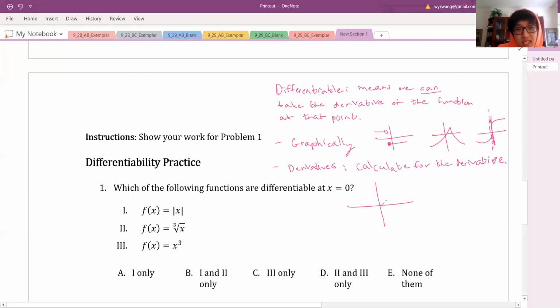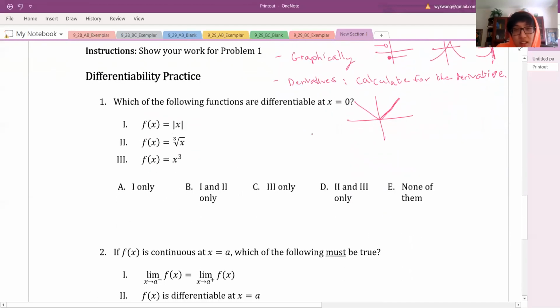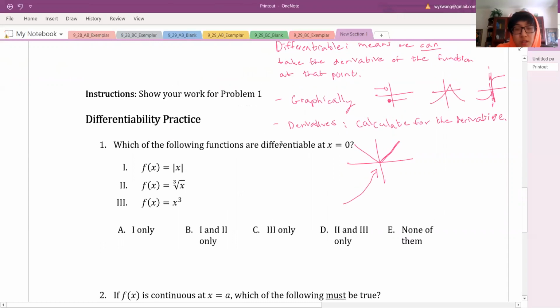So x is like this, right? And then the absolute value of x is this whole thing. There's clearly a sharp corner right here, right? And at sharp corners, we cannot find a derivative. So it is not differentiable at x equals 0.